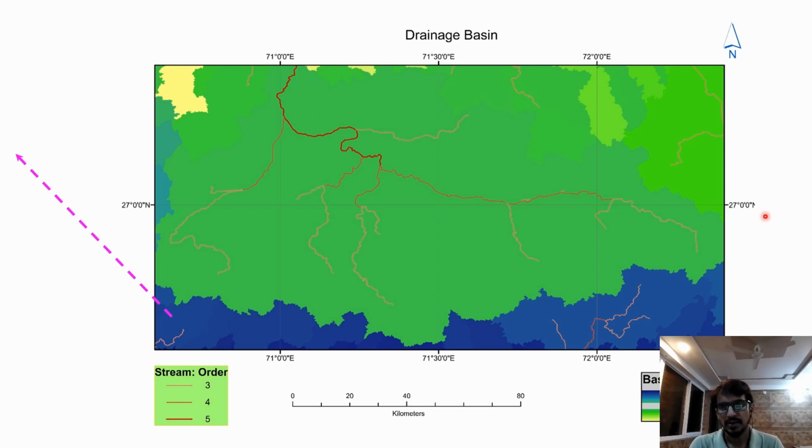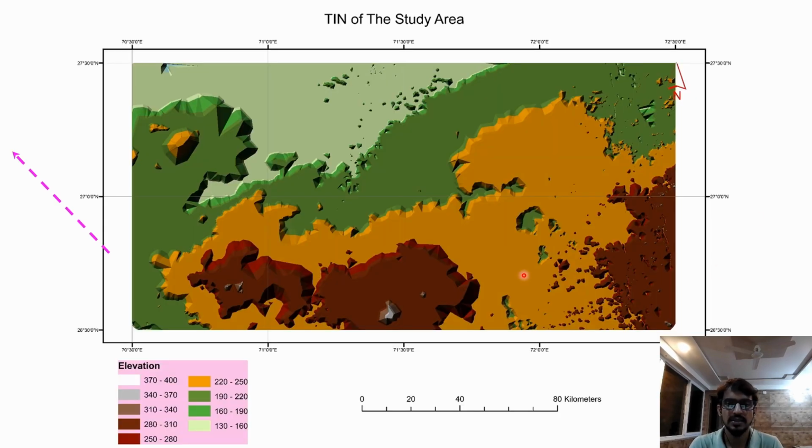And we will try to understand the importance of this satellite image interpretation for the Paleolithic archaeology of the desert. Here you can see the TIN elevation map, which shows that it is higher in the south, and when you go from maroon to mustard, then green and lighter green, you are going down and down.